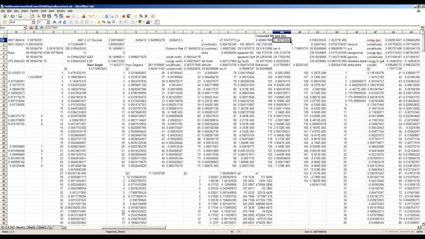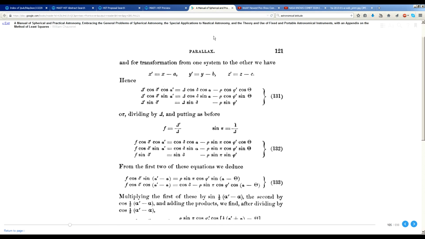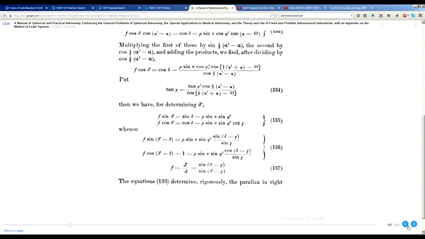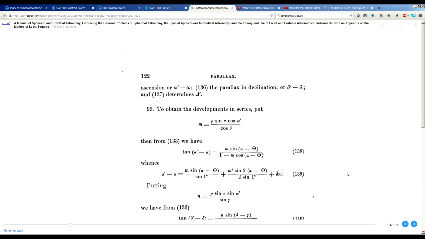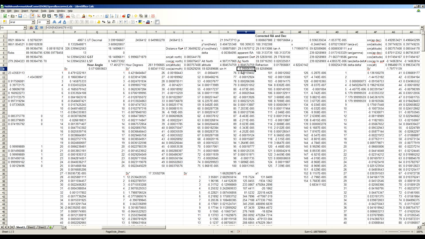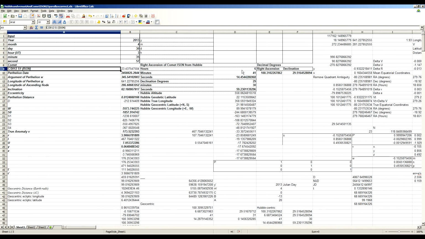And you do that with a series of formulas that I pulled from a book published in 1863. The formulas I used here are listed as 134 to calculate gamma, and then use that in one of the other equations, equation 138 and equation 140, and those are incorporated in the spreadsheet. So the spreadsheet calculates the position of the comet as seen from Hubble, taking into account parallax, basically using the same formulas you use for an observer on the surface of Earth somewhere.